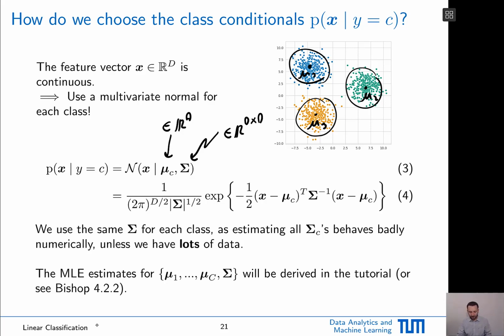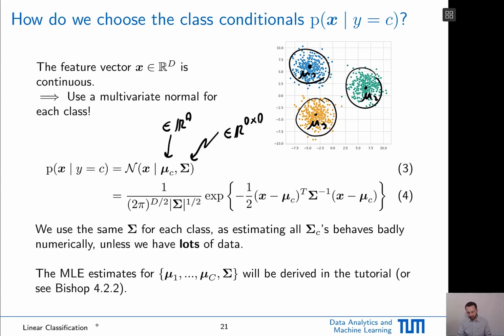And if you would have this individually per class, you would have very many parameters which you need to learn. Because you have number of classes many parameters, and for every one of these classes you have d plus d times d parameters. So in the order of d squared parameters, okay?